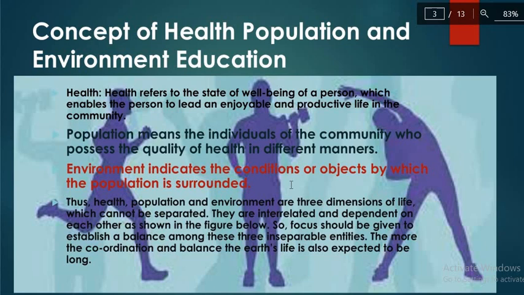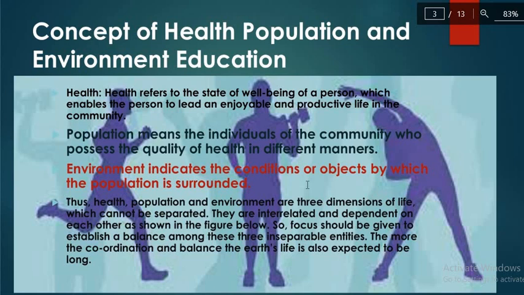Just keep that with you, and I want to give you the concept of Class 10 Unit 1 Health, Population, and Environment Education's concept of health. Health refers to the state of well-being of a person which enables the person to lead an enjoyable and productive life in community.